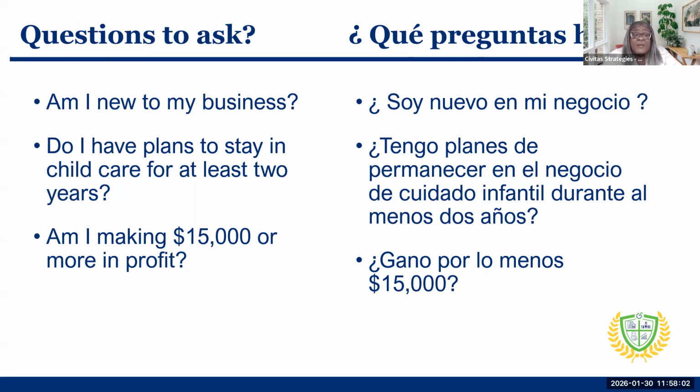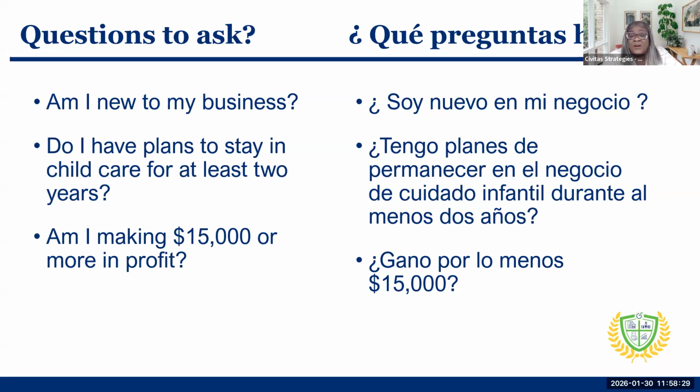One is, am I new to my business? Do I have plans to stay in childcare for at least 2 years? And am I making 15,000 or more in profit? Now, remember, I told you guys that there is a profit limit that we suggest people are making before they do that transition to being treated as an S corporation.